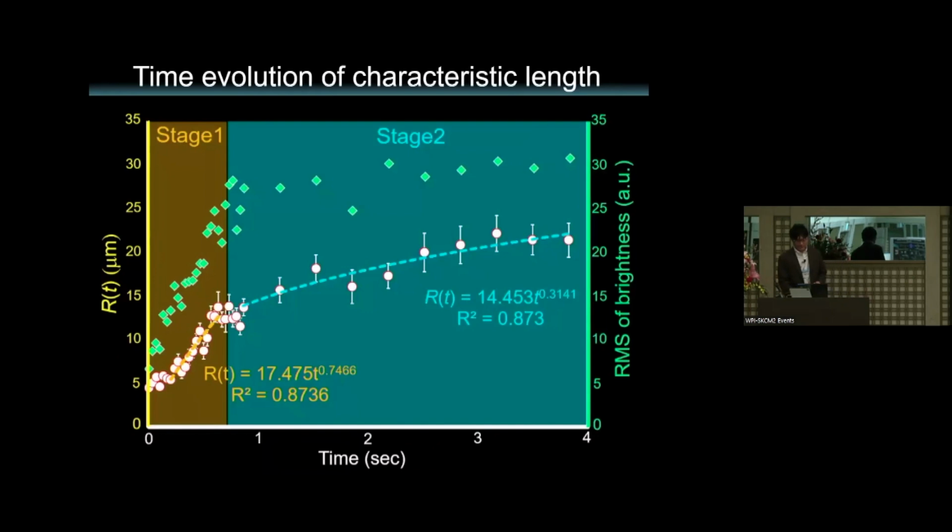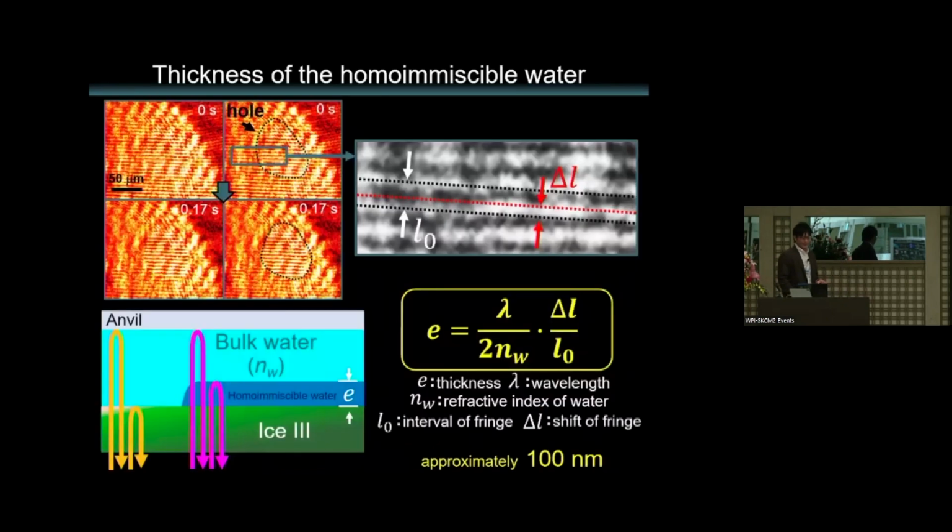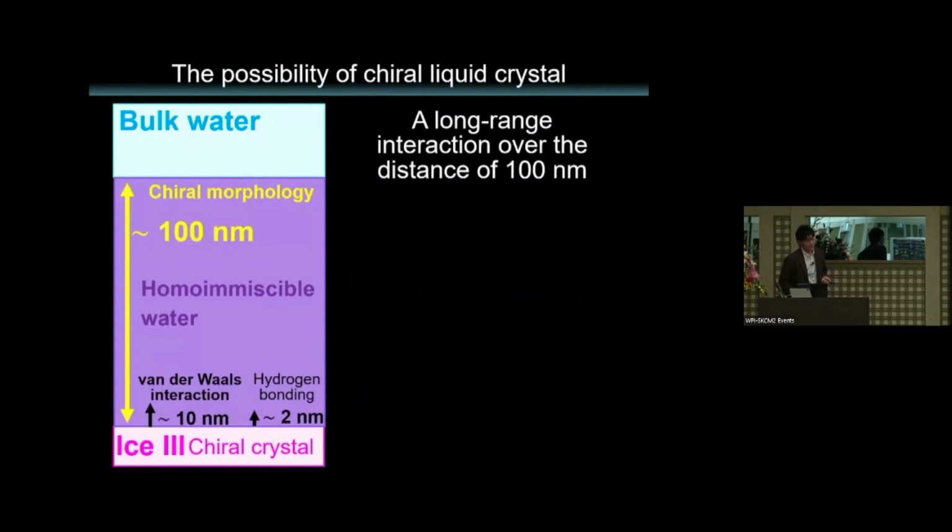And also, I'm sorry for repeating the discussion, but I think this is important. We also estimated the thickness of the homoimmiscible water during this dynamics by analyzing the interference fringe. The thickness of the homoimmiscible water was estimated to be 100 nanometers. So the same discussion can be applied. The thickness of the homoimmiscible water reflecting the crystal chirality of the ice I3 was 100 nanometers. This is a very large scale.